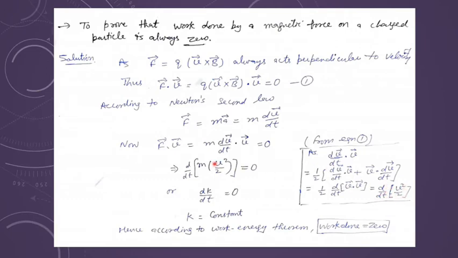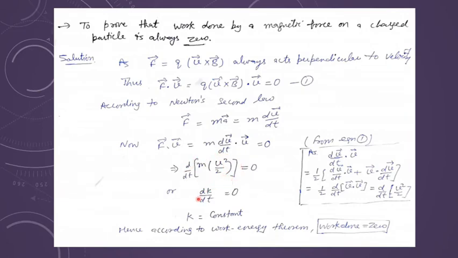So I am able to write F dot V as d by dt of m, as it is constant, times V square by 2. I have taken the d by dt out, and this value, half mv square, is nothing but kinetic energy.